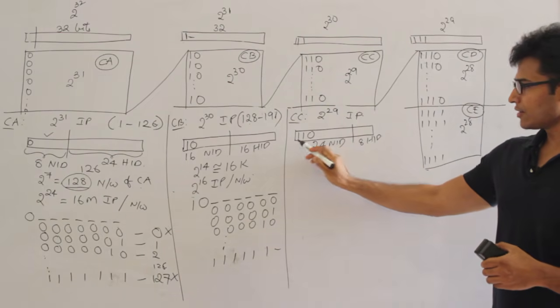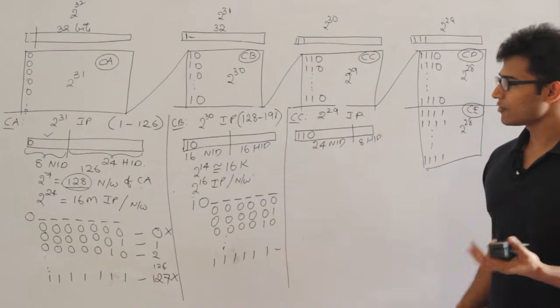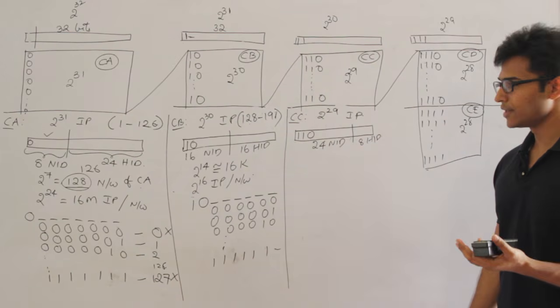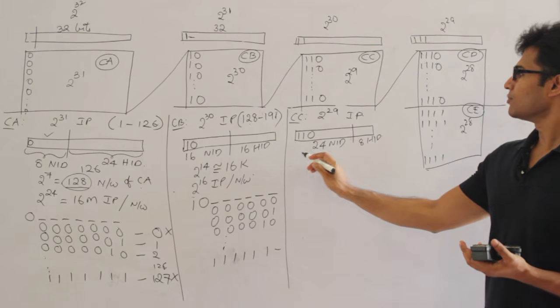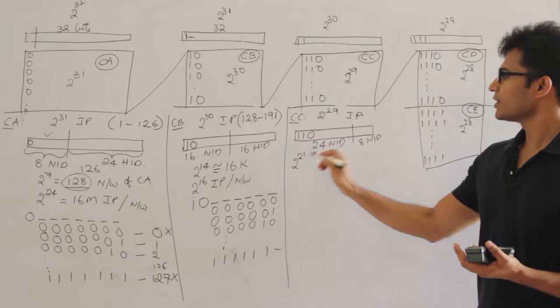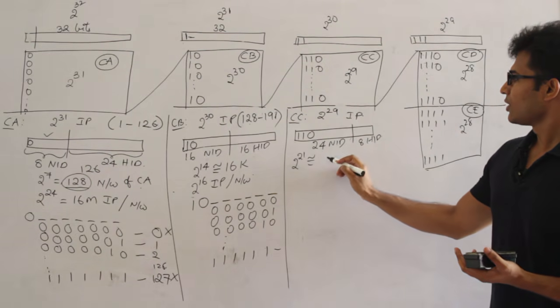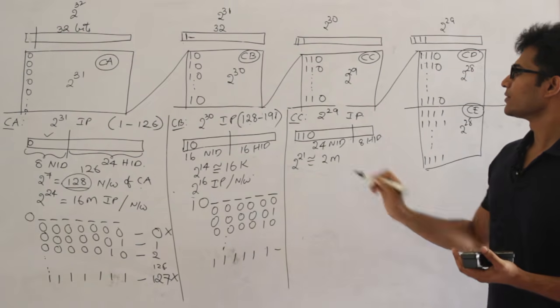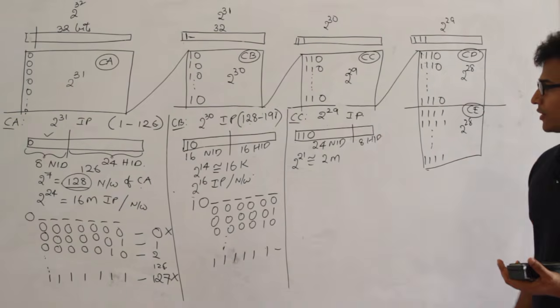So the total number of class C networks possible is 2 power 21, which is roughly equivalent to 2 million. The exact number is not required, it is roughly equal to that.